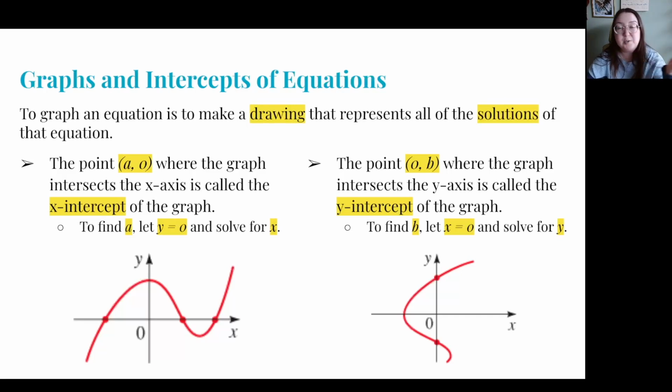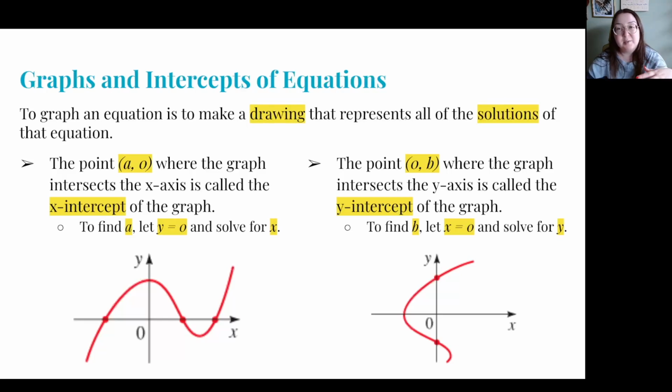Now, if you don't graph, you can still find what your x-intercept is. To find A, where your x-intercept is located at the point A, 0, in your equation, you'll let y equal 0, so just replace y with 0 and solve for x, and that'll give you your value of A. So you can do it algebraically or you can do it graphically, and it would be up to you.